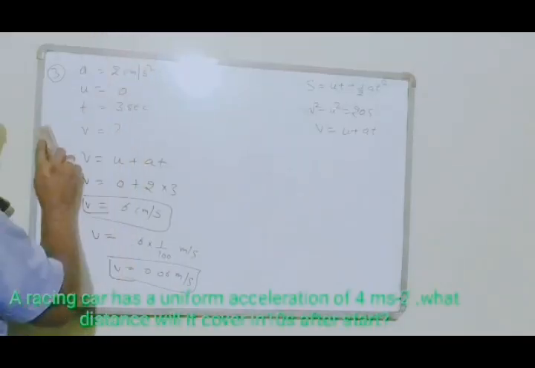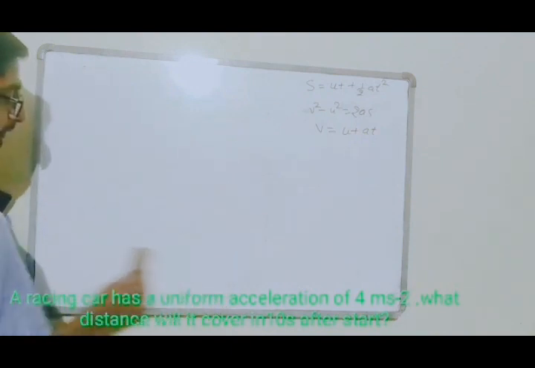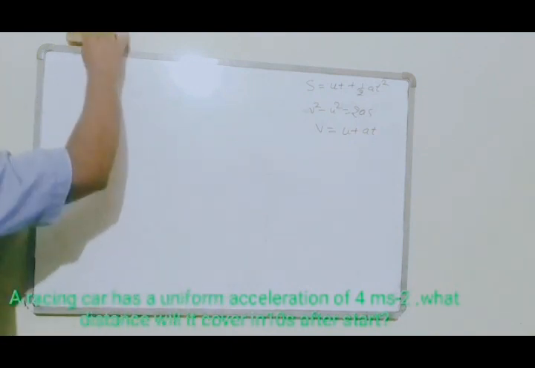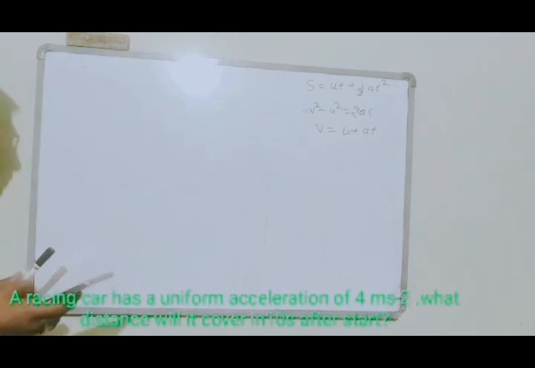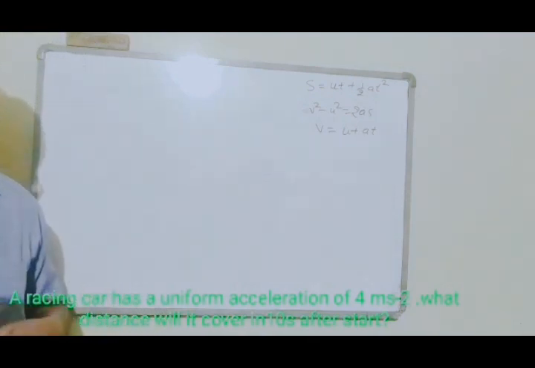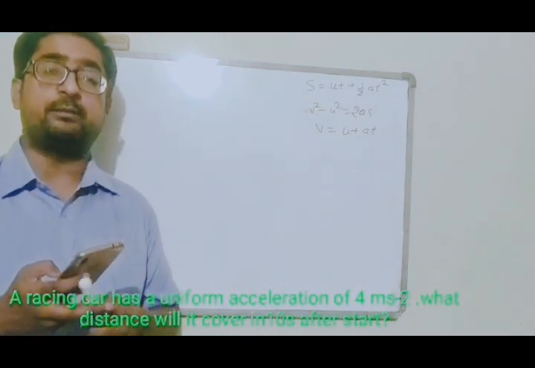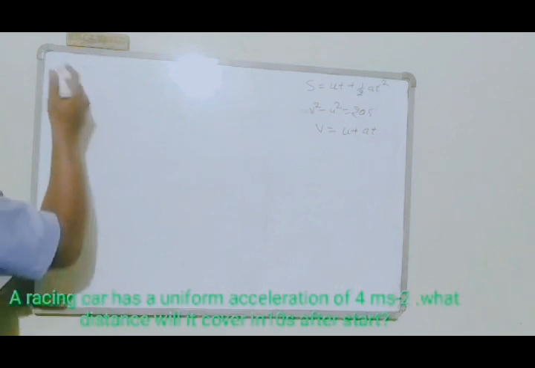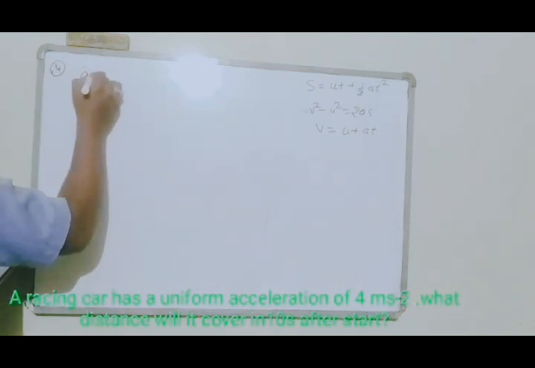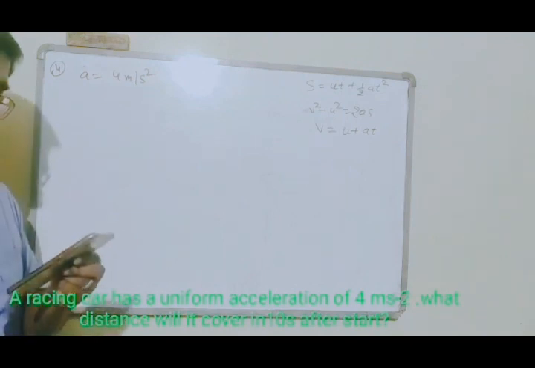Now the fourth question. So what is the fourth question? A racing car has uniform acceleration of 4 meter per second square. Acceleration is 4 meter per second square.